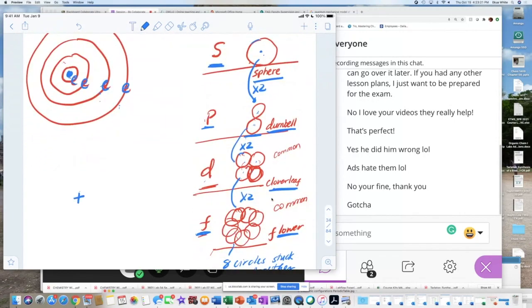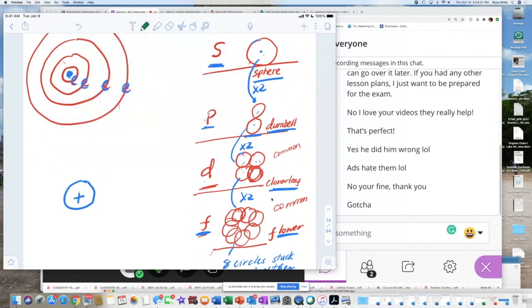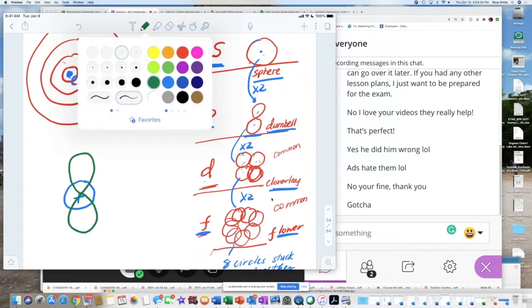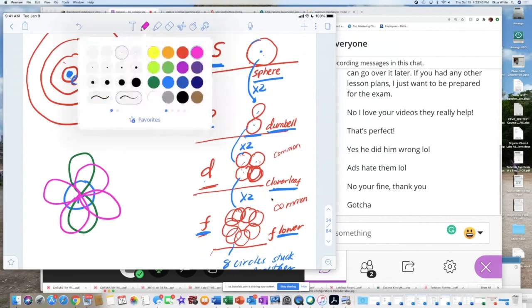So around the nucleus, I'm going to draw this here. Around the nucleus, the electrons, some of them live in a round shape. I'm going to use different colors to show the different shapes. Some electrons live in a shape that's figure 8. Some electrons live in a shape that's like this. Some electrons, let me see, what color should I use?